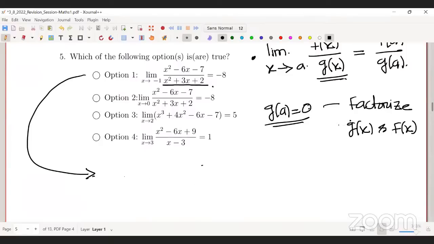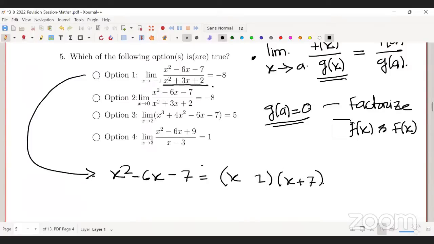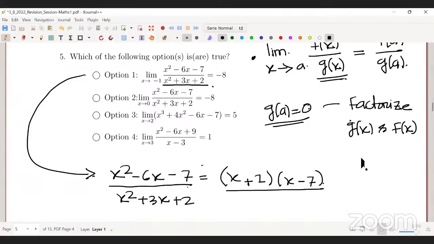If you factorize, x square minus 6x minus 7 is nothing but x plus 1 into x minus 7. And the denominator is x plus 2 into x plus 1.